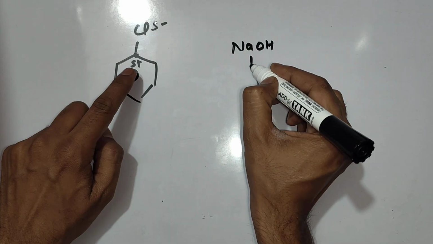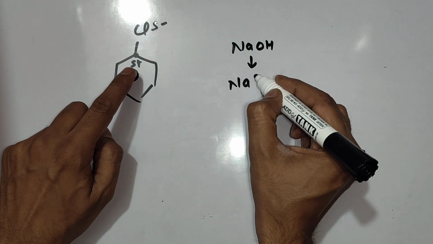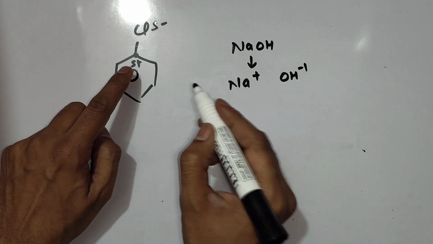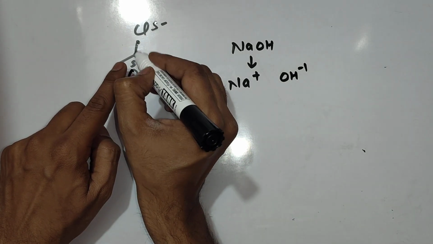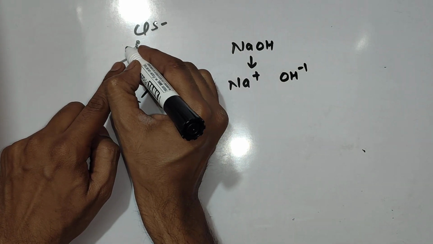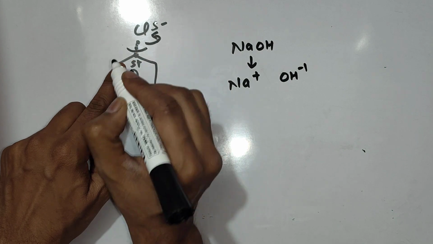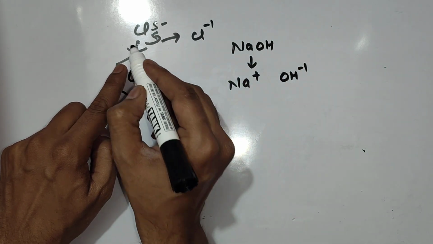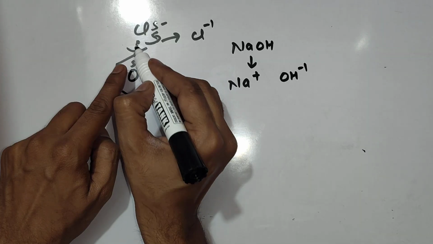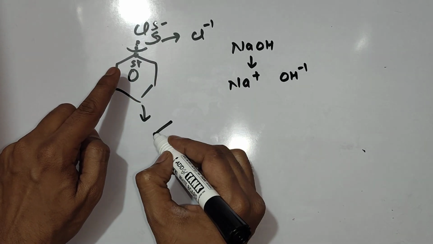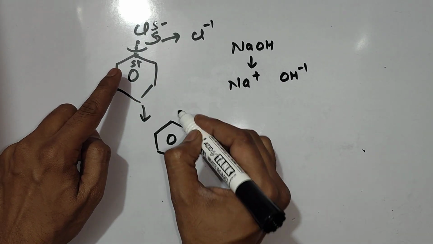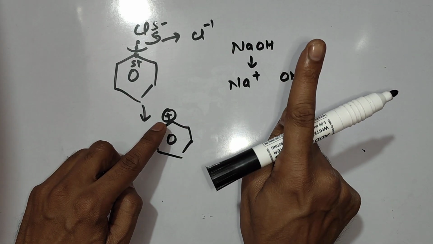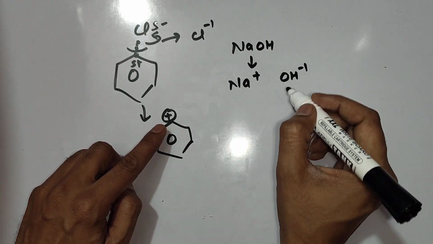NaOH, as you know, will break into two parts, Na positive and OH negative. When the chlorine and carbon bond breaks, both electrons transfer completely toward Cl, and Cl comes out as a -1 particle because it gets the extra electron, due to which this carbon turns into a positive particle. It's not a mechanism, it's a trick that I am telling you.